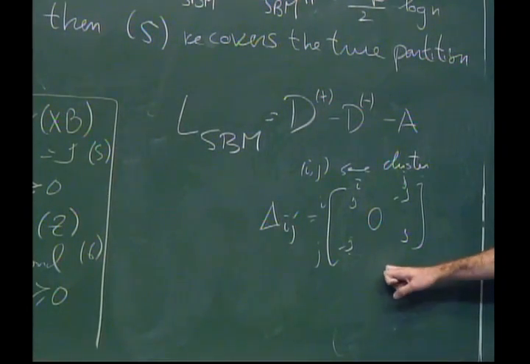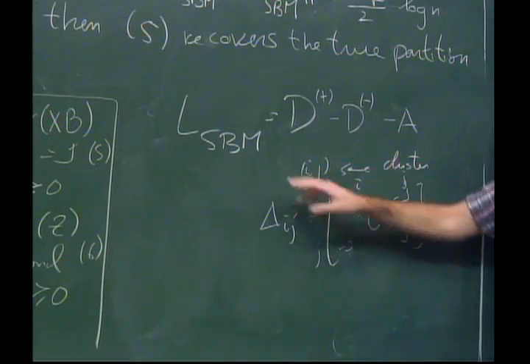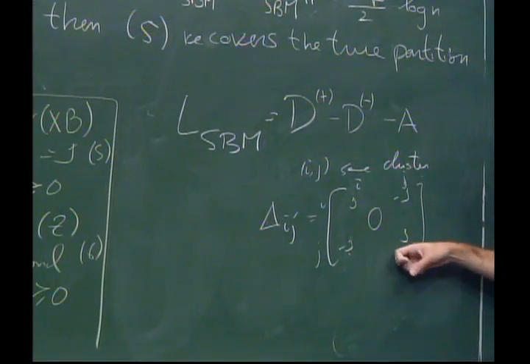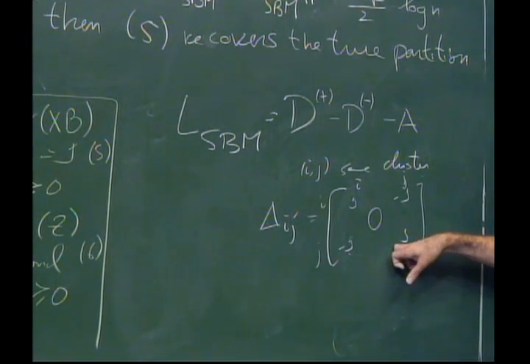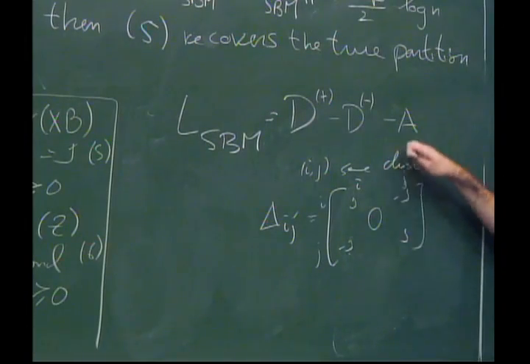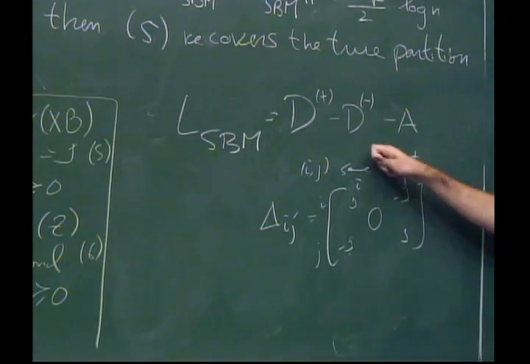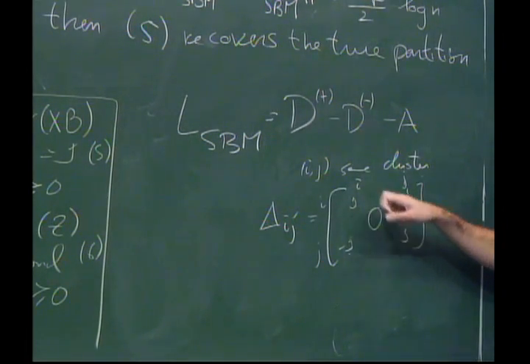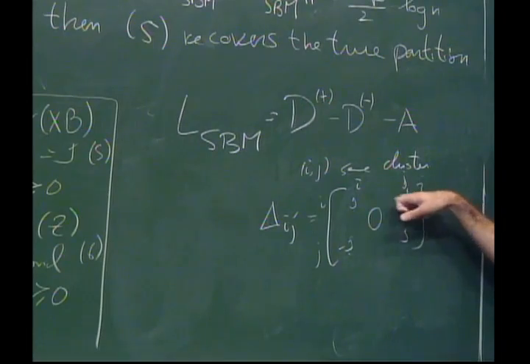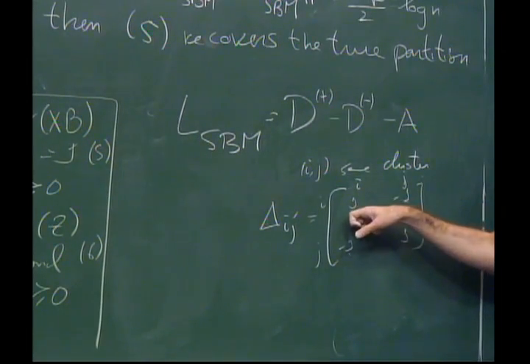Okay? And essentially, within the cluster, this matrix is a sum of matrices of this type, because each edge that shows up contributes something of this type. Right? The A will be this minus 1, because you have minus A, and the degree is on the diagonal. And you'll just sum over how many entries show up, for each one.